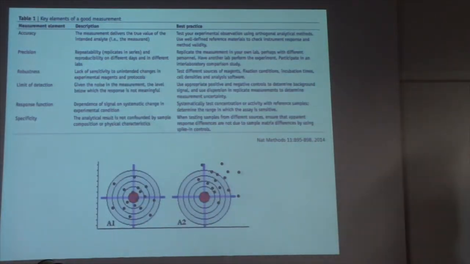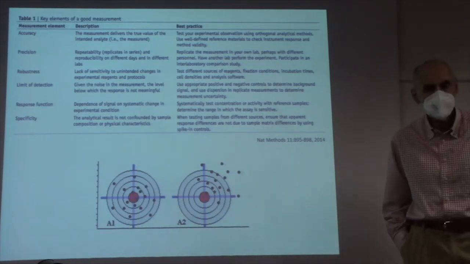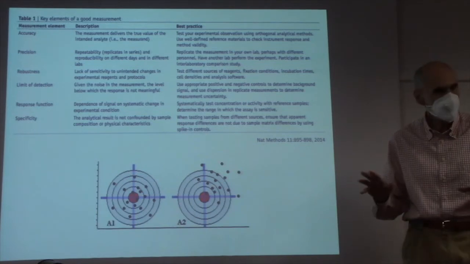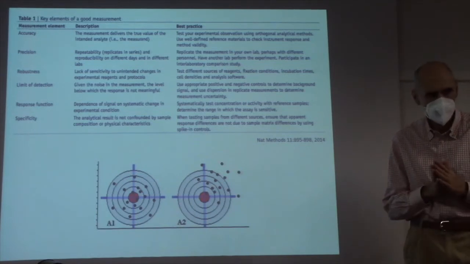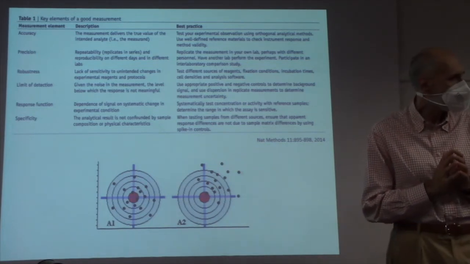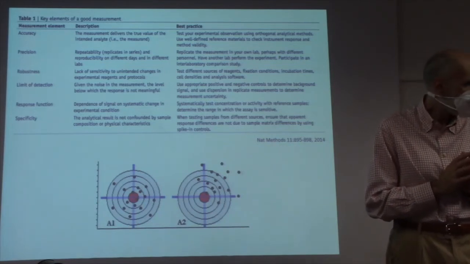Now, of course, this shows you that the two properties are entirely separate from each other, and they can be present in either combination in a set of measurements. Now, let's look at the meaning of accuracy and precision.